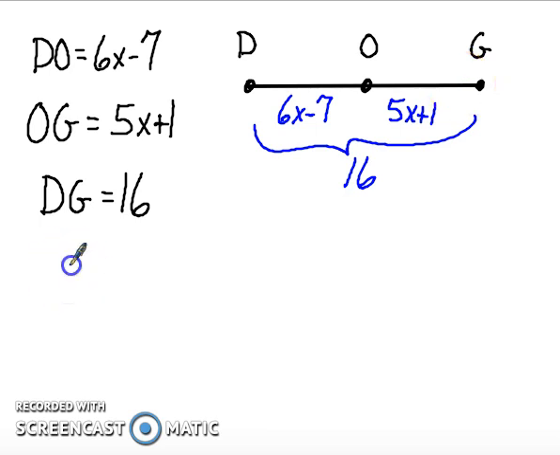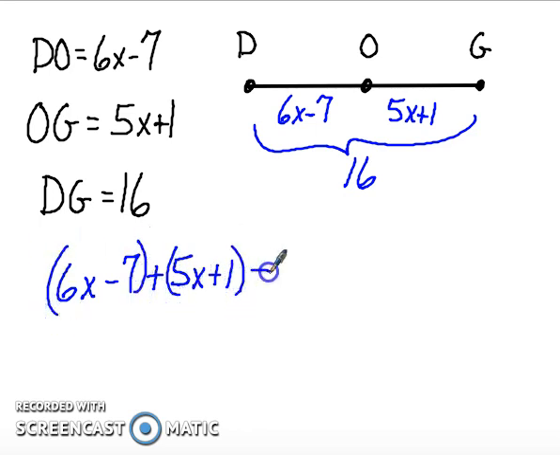Segment addition says that when you add up the two parts of a segment, 6x minus 7 plus 5x plus 1, those are our two segments, it's equal to the whole thing. So 6x plus 5x is 11x. Negative 7 plus 1 is negative 6, equals 16.